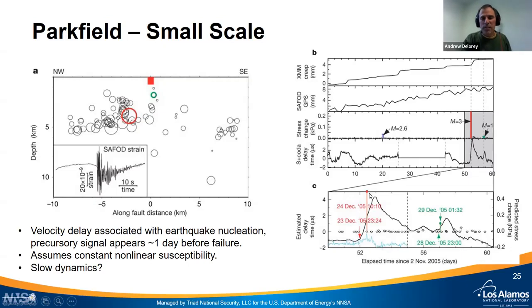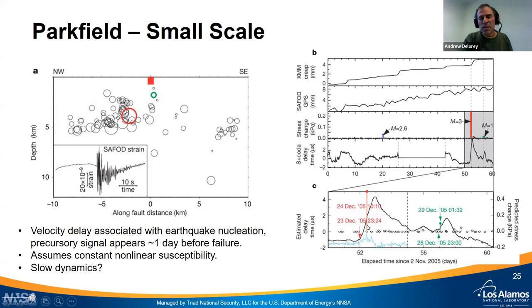So the hypocentral times are denoted by these vertical lines, the red vertical line here and the green vertical line here. And what you can see is that the time delay for the probe wave across the two boreholes started to increase even before the two earthquakes occurred. So this is about a day earlier.